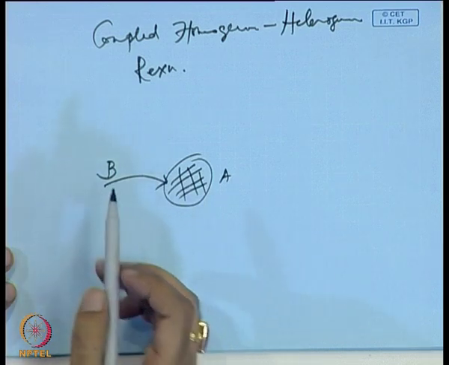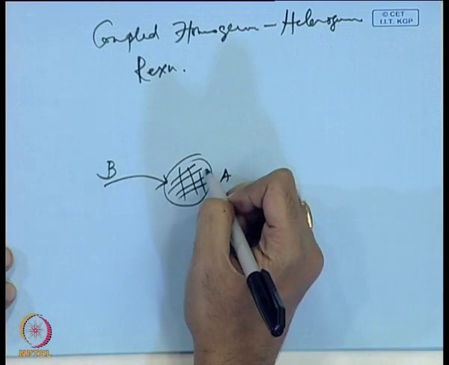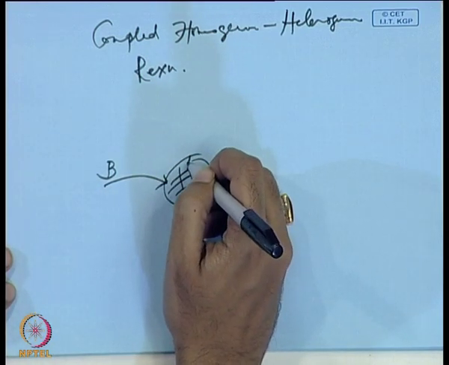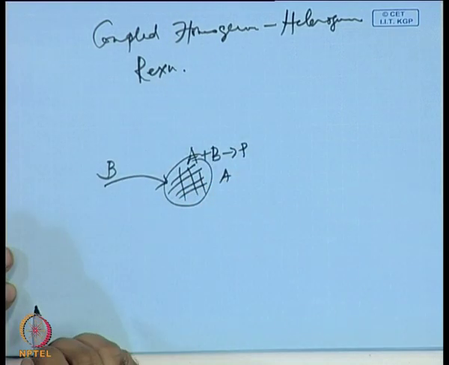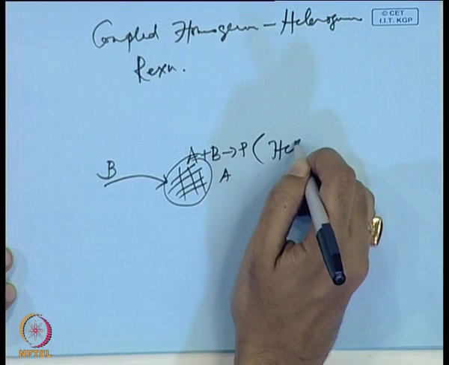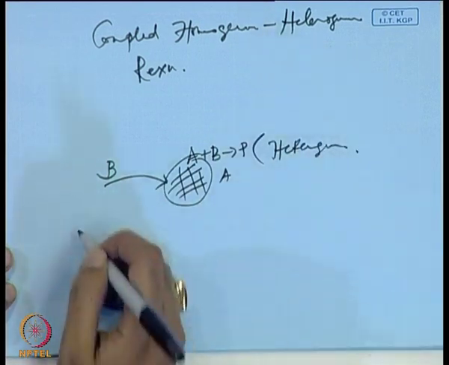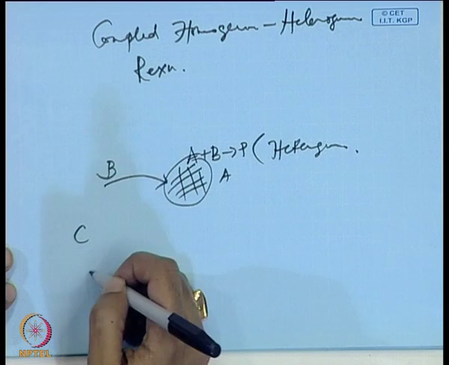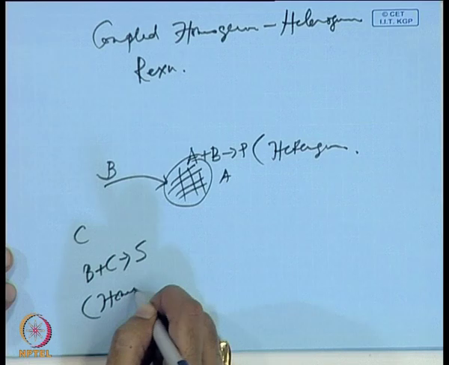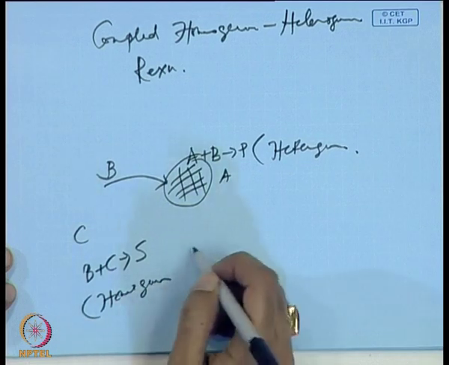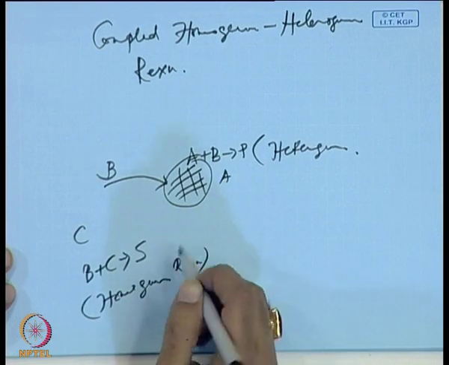So, this reaction, A plus B, is happening on the catalyst pellet, right? So, this is a heterogeneous reaction, and then you have C in the bulk phase, and another reaction, B plus C giving S, is happening in the bulk phase, and this is a homogeneous reaction. Is it clear?